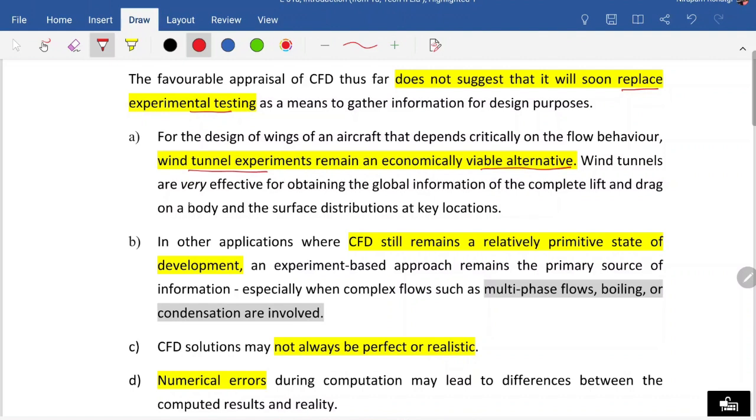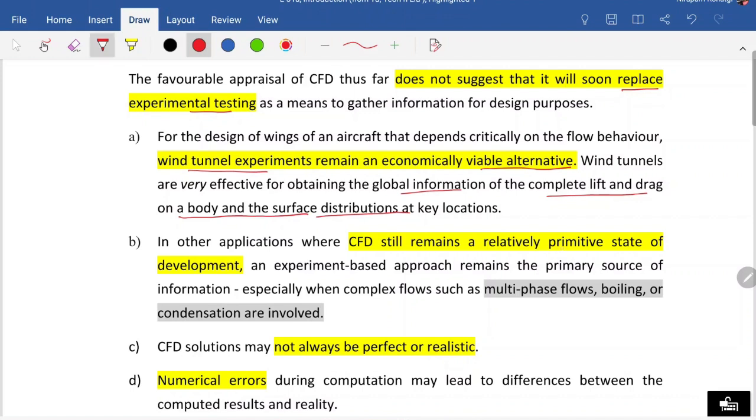Wind tunnels are very effective for obtaining global information of complete lift and drag of the body and surface distribution. So you put the wing and you get the total lift and the drag. Of course that can be done by CFD also, but you get it there also.